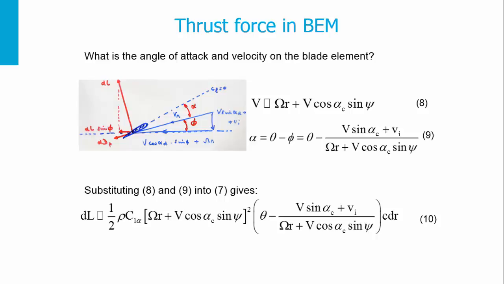And the perpendicular component of the velocity involves the induced velocity and the component coming perpendicular to the plane. Therefore, the velocity of the blade is omega r plus V cosine alpha_c sine psi, and the angle of attack is pitch minus inflow angle, so equals theta minus the tangent of this angle.